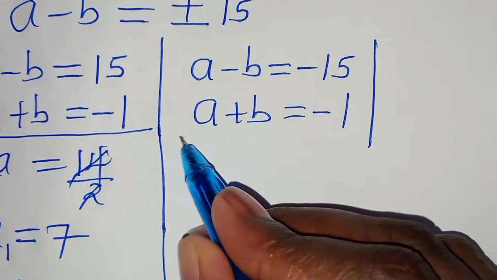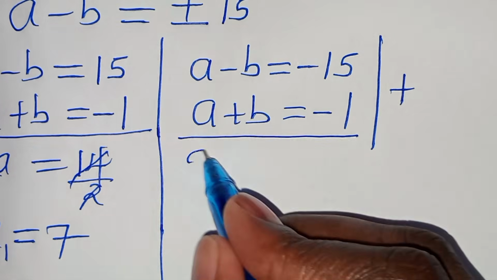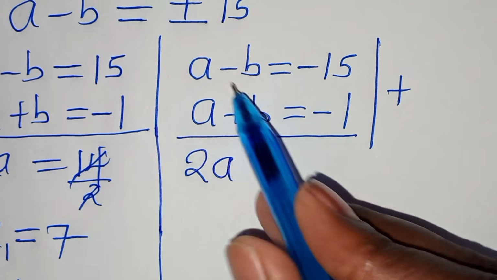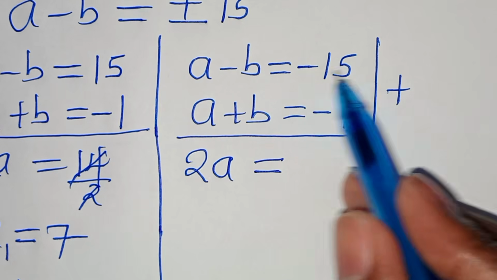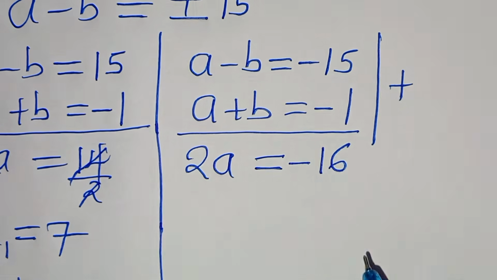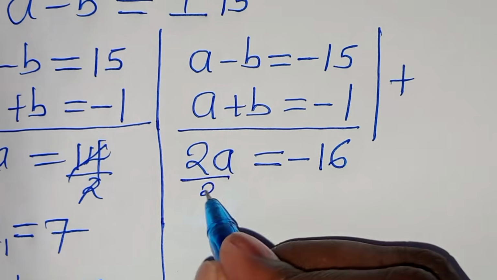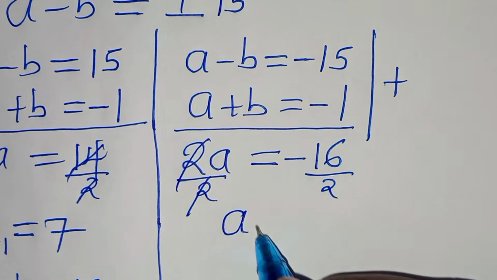Let's sum these two systems of linear equations. A plus A is 2A, minus B plus B simplifies. This is equal to minus 15 plus minus 1, which is minus 16.